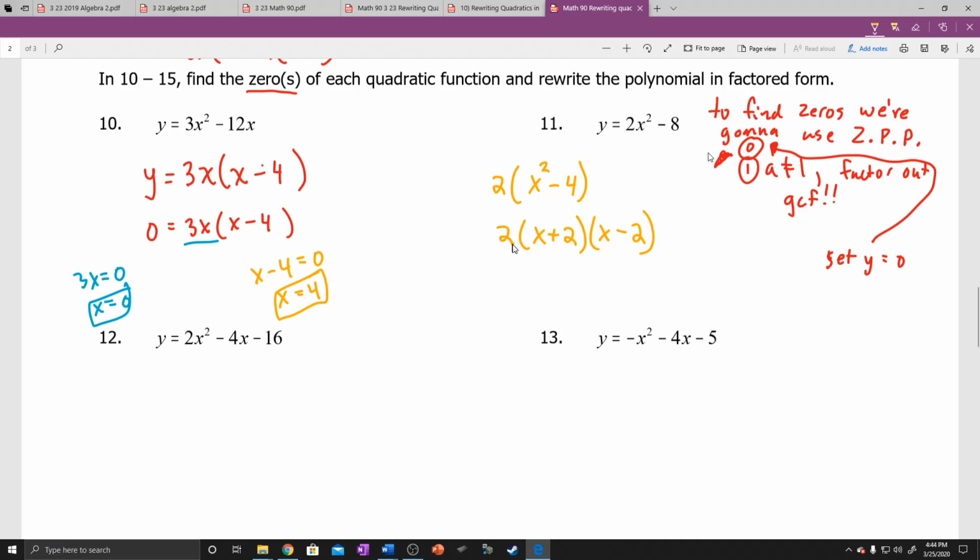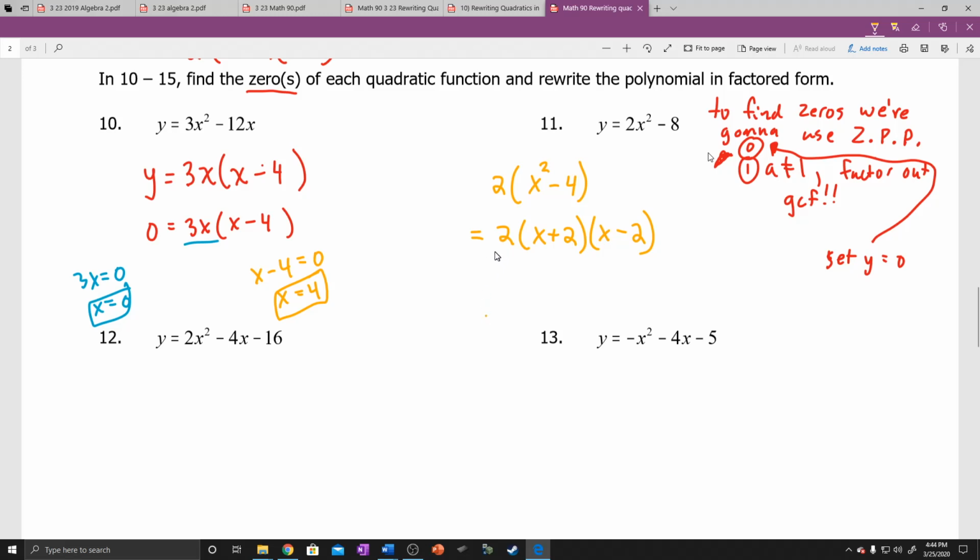I'm not going to write all the steps. Really, this is x squared plus 0x. The b term is not there, but it is there. So I want numbers that multiply to negative 4 and add to 0. So 2 and negative 2. If you don't believe me, you can distribute this out.